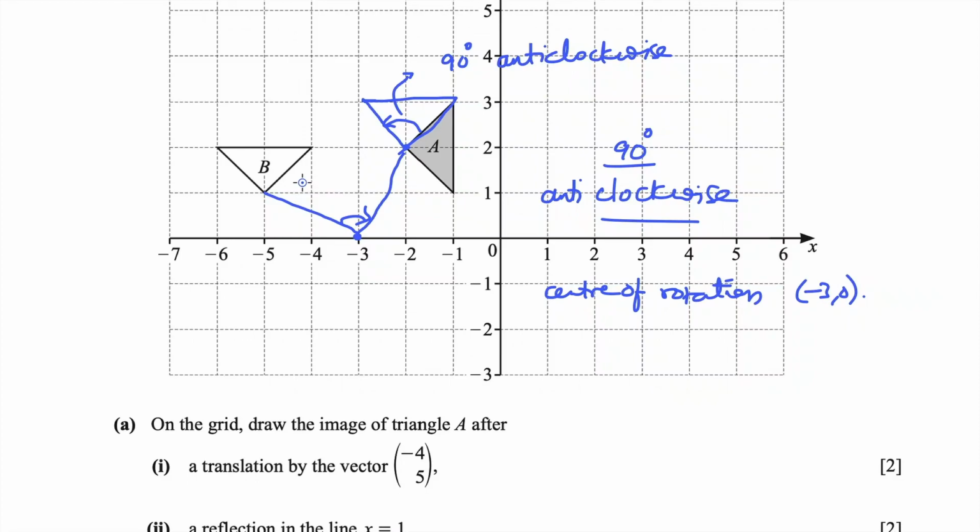So it is a very big process actually if it comes in the exam, but in some cases like this we can very clearly see which point is the center of the rotation easily. Okay, so this completes the question.